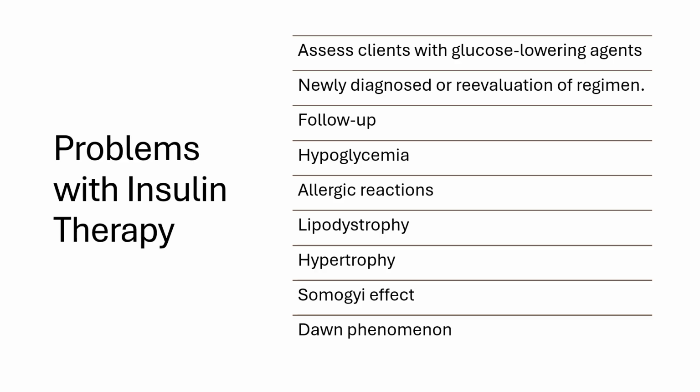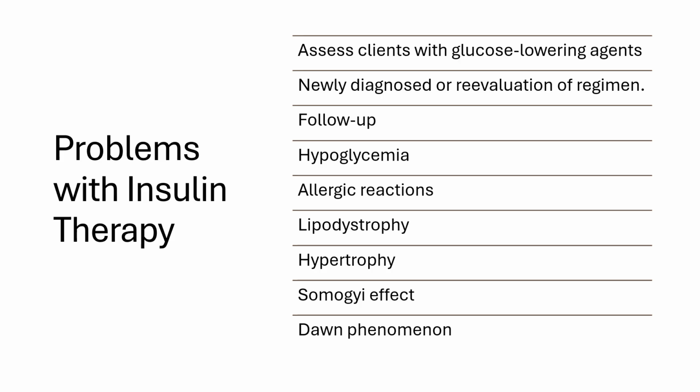So, of course, we're going to have some problems with insulin therapies. You want to assess patients treated with glucose lowering agents. I believe your textbook has a chart about it, but I don't have the page. If they're newly diagnosed or if you're doing a reevaluation of the regimen, you want to make sure you're going through all of the follow up, making sure they understand how to use it, why it's used, and the proper way of using it.